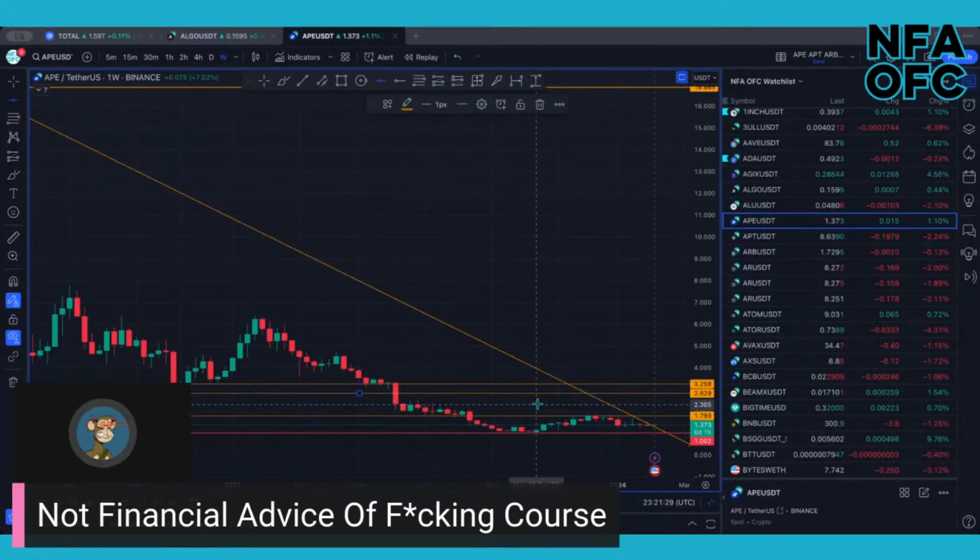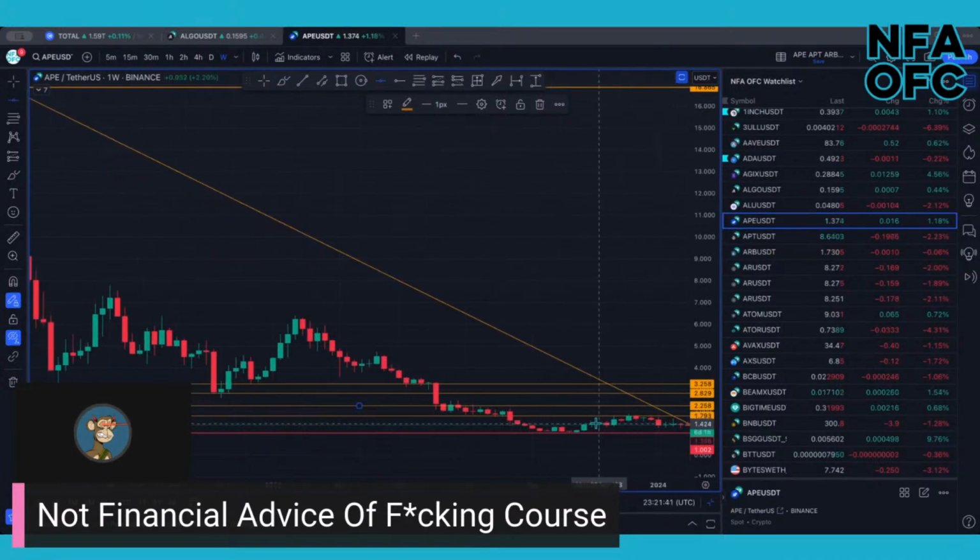So weeklies, as I always say, strength, very much strength. I'm going to split the difference here. Then let's zoom in. I mean, we can see we're in consolidation in this area here.